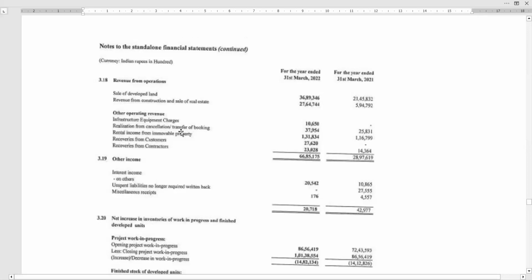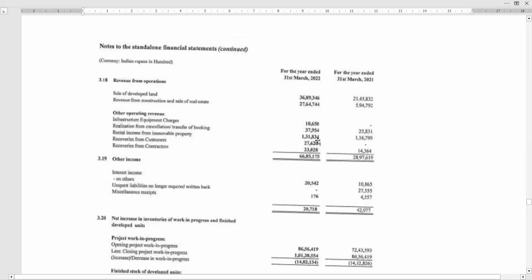Next, realization from cancellation of transfer of bookings. If someone cancels the booking, then even as per RERA, up to 2% of the property sale value we can collect as cancellation charges. Those charges they have taken during the year.